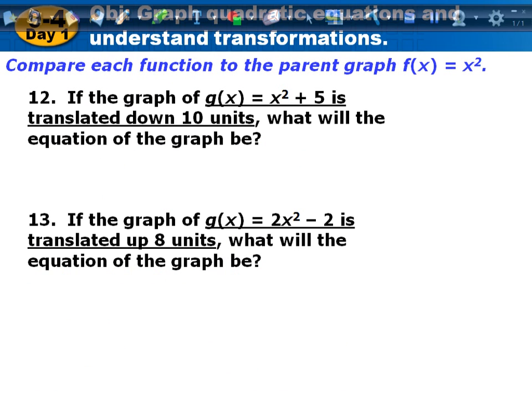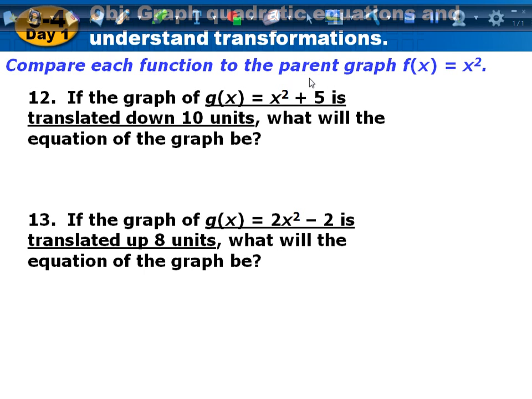All right, number 12 says compare each function to the parent, f of x equals x squared. If the graph g of x is x squared plus 5 is translated down 10 units, what will the equation of the graph be? So right now, if I'm comparing g of x to x squared, I know it's shifted up 5 units from the origin.